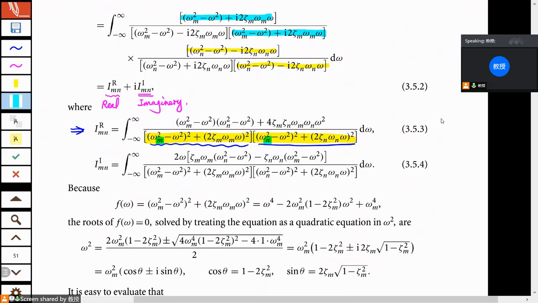Now let's look at this term first. When you expand, it's a polynomial of degree 4, so we should have 4 roots.